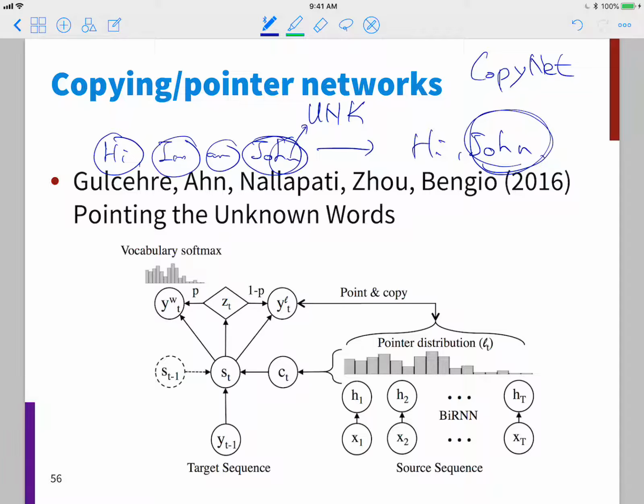Thus there is no way to generate these unseen tokens. But still, this unseen token was actually seen in the input sequence. So the main intent of CopyNet is to allow the model, only when the need is there, to copy even unknown tokens into the decoding sequence. Okay.